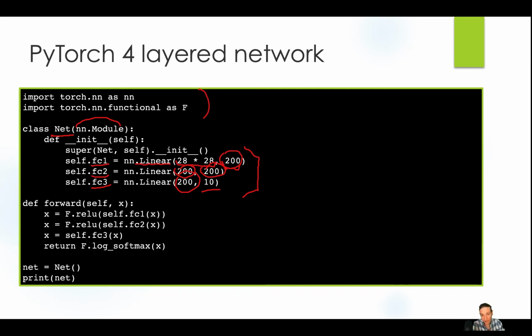Now, defining FC1, FC2, and FC3 doesn't mean I'm actually building the network yet. The building of the network happens in the forward function. So in the forward function, I call a first layer with ReLU activation. The actual sequential definition of the layers needs to happen in the forward function.